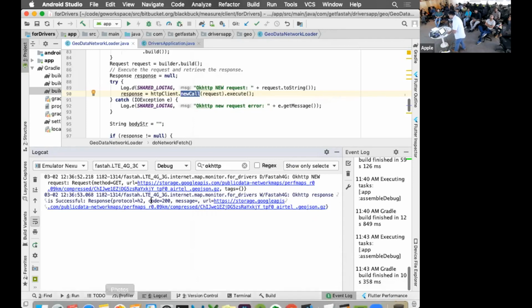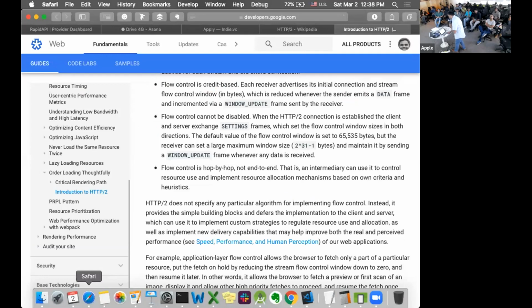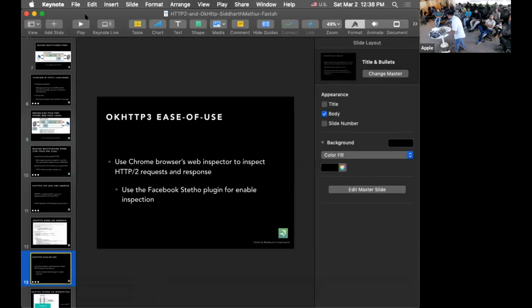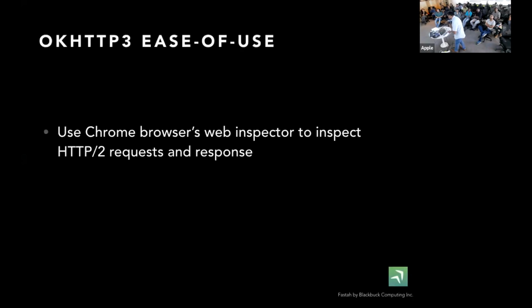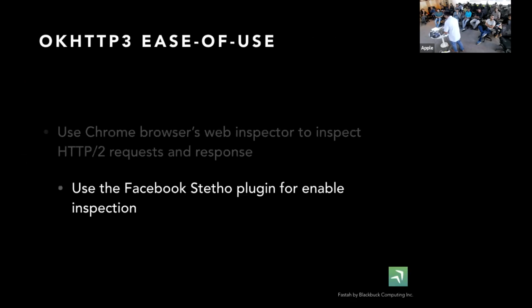So this OkHttp has a plugin architecture called interceptors. I would highly suggest that you use Chrome browser's web inspector to inspect your app's HTTP request responses. I'm talking about apps here, actually, not the browser itself. And I'll show you in a moment.